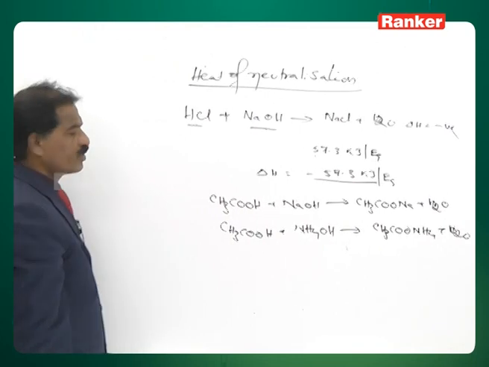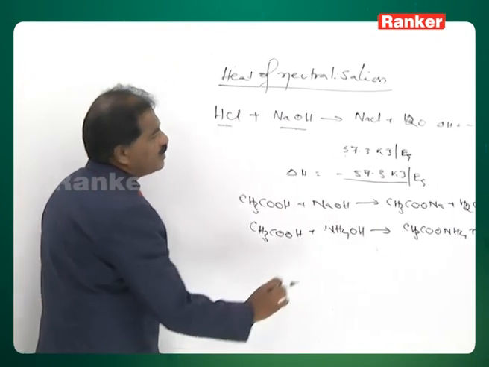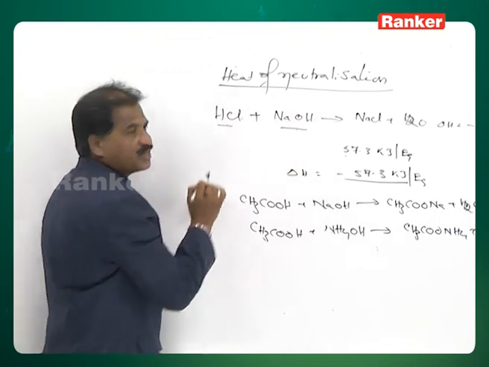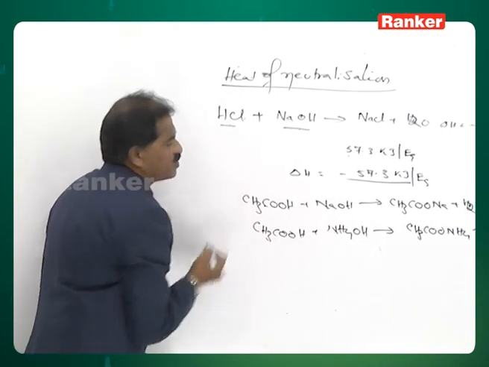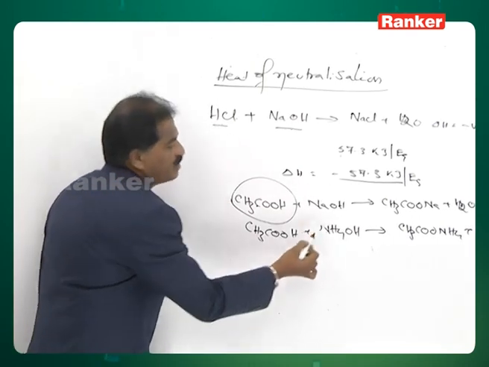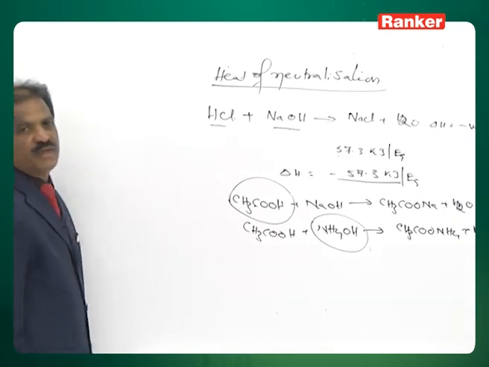Next, by observing the difference in the heat liberated from neutralization of strong acid and strong base or from weak acid and strong base, we can calculate the heat of ionization of the weak acid or heat of ionization of the weak base.